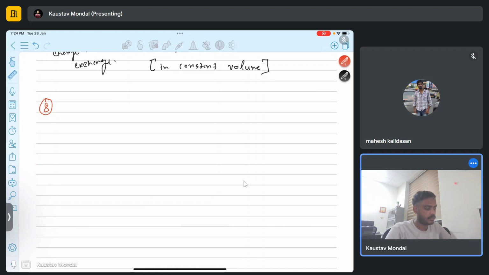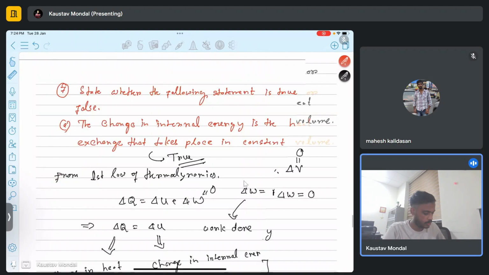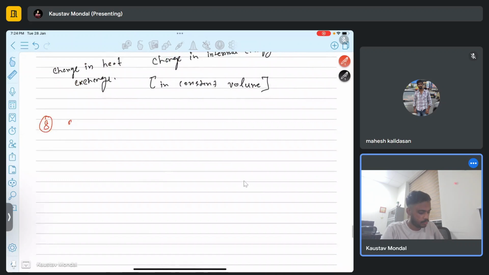So write the problem. Similarly, here, whether the following statement is true or false.